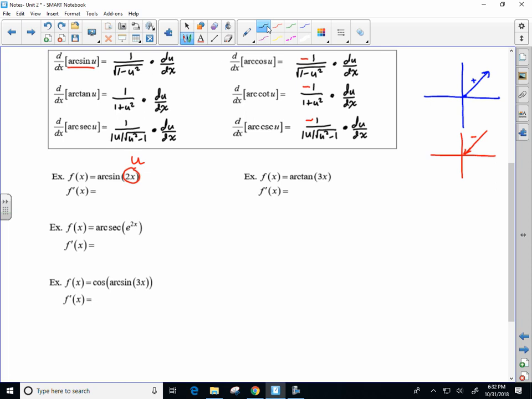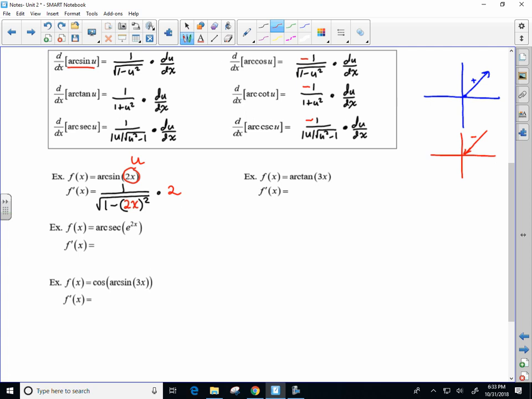I think I can handle this: 1 over the square root of 1 minus u squared, which is 2x squared, times du dx. The derivative of that u would be just a 2. Yeah, that's it.